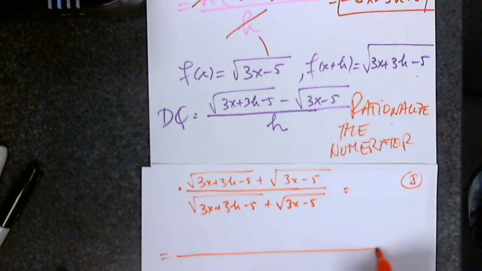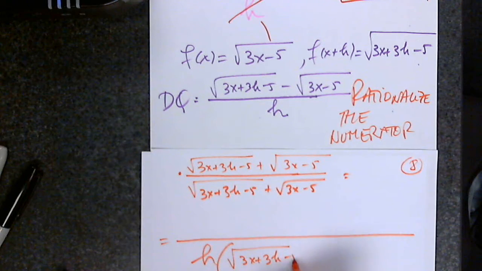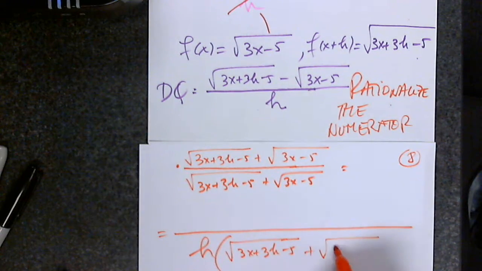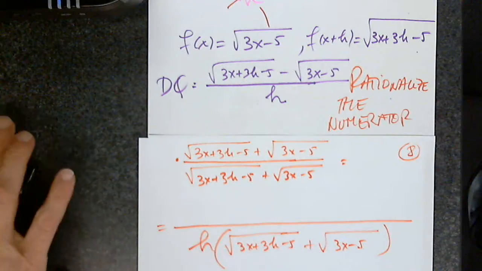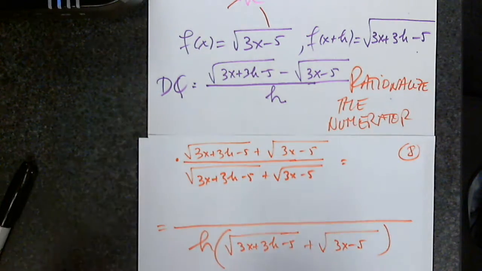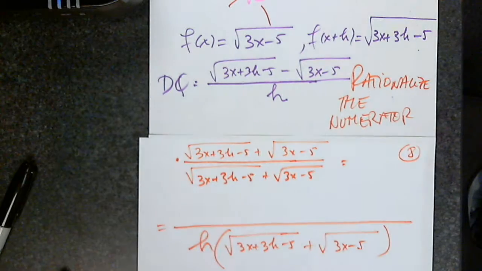So now when I multiply the two denominators, I have no problem. h is in front, and I copy the square root of 3x plus 3h minus 5 plus this. Okay, now what? What do I do with the numerator? Well, I know a formula that will really help here. a minus b times a plus b.